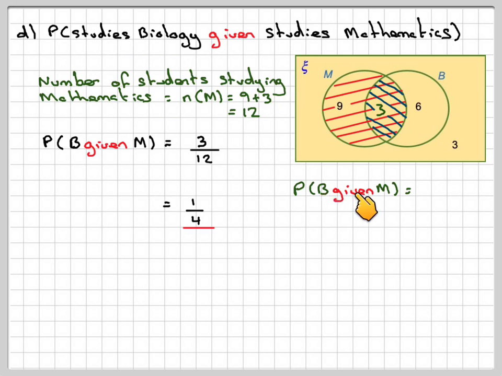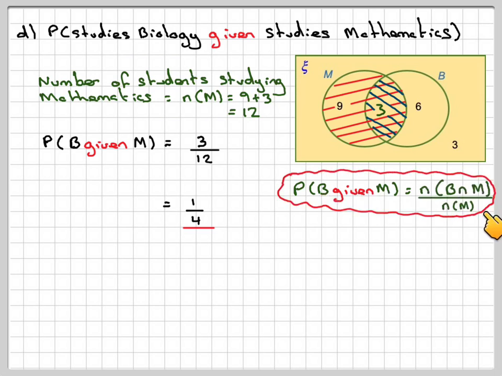The probability of B given M is going to be equal to the number in B given M, which is the blue bit and the red bit here, the bit in the middle, divided by the number in M, which is all that.